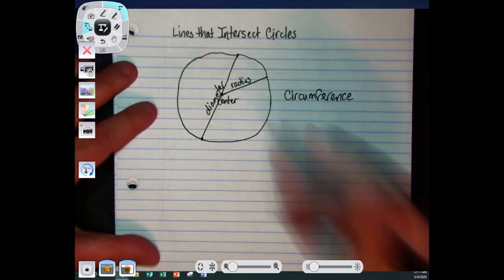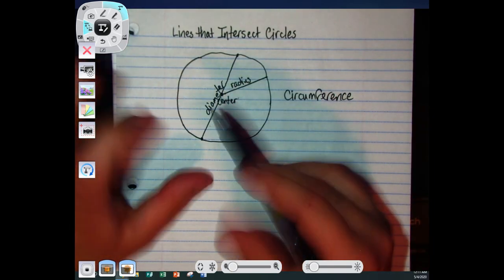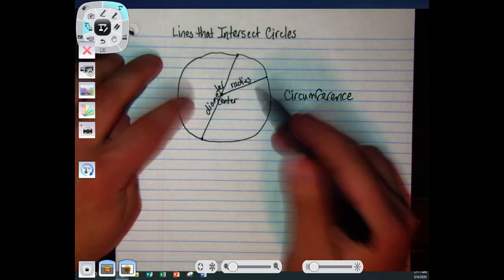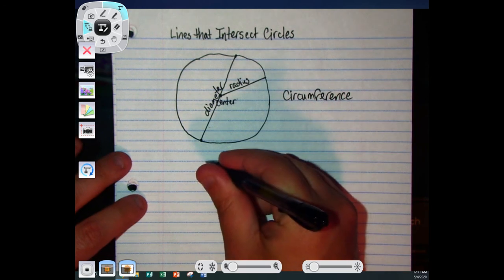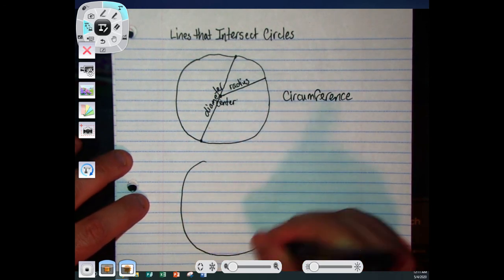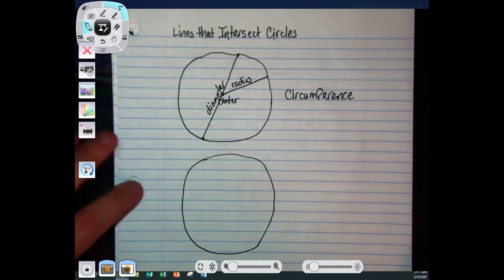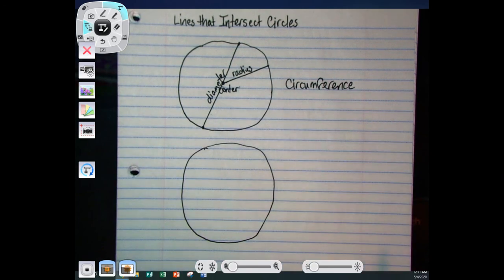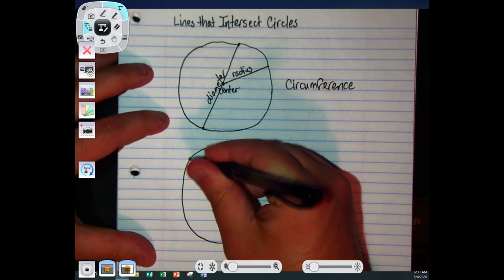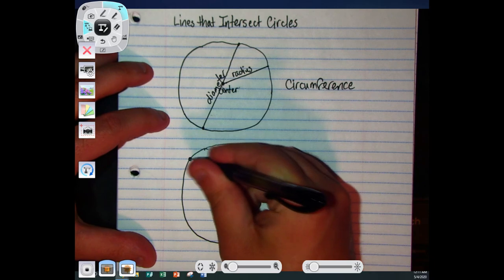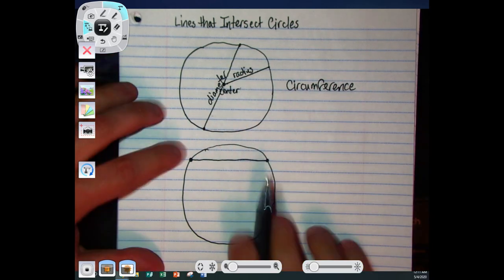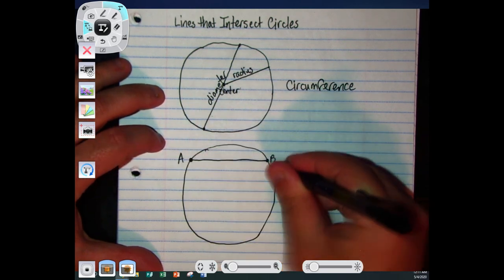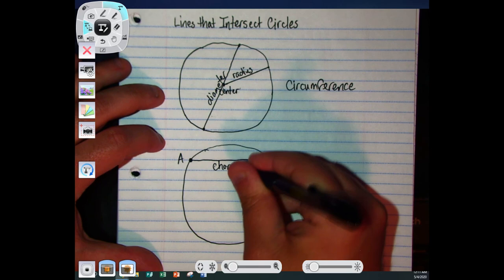So this week, we're going to be focusing on different segments that are inside the circle or potentially outside the circle besides the diameter and the radius. So again, I'm going to draw another circle, another not so great circle, but again, it gets the point across, and I don't have a compass at home. So with a circle, any segment that has endpoints on the circle itself, so this segment, we'll call this AB, is referred to as a chord.